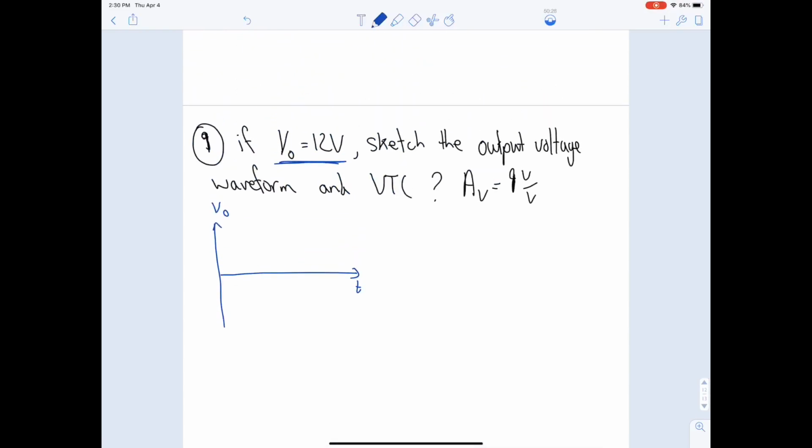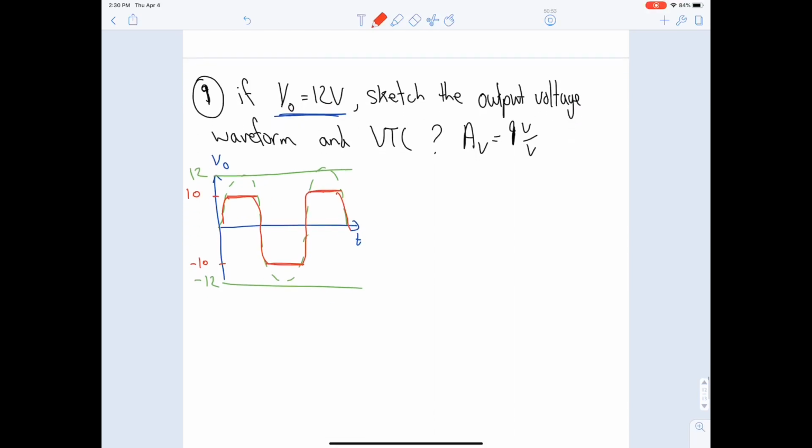So what do you need to do? First, my expected output is 12 and minus 12. But what is the actual output? The actual output is 10 because of the saturation limits. So you have to crop the signal at the 10, and then just trace it. So that's how it will look.